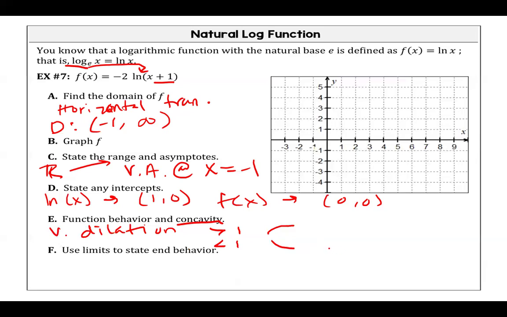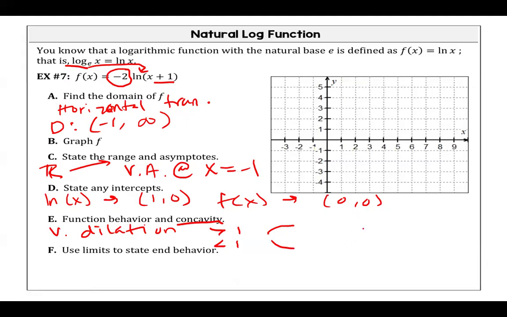Does that make sense? In our case, our vertical dilation is what? It's going to be less than 1. Well, not less than 1, I'm at 0, let me just say 1, but you get what I mean, if it's positive or negative. It's going to be concave up. Makes sense? And that's because it is reflected.